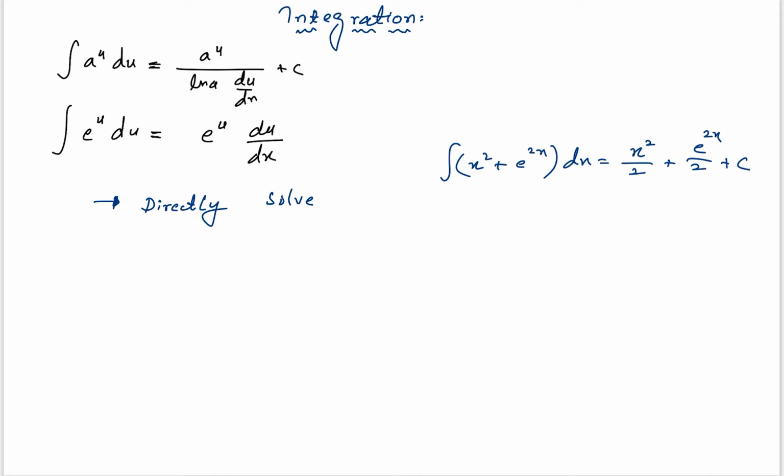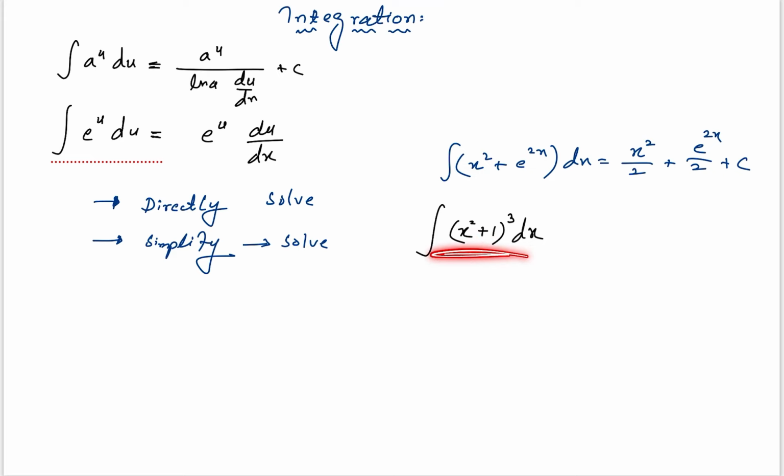The second technique is, if the question is not solvable directly, then you will try to simplify the question and then solve. Like if I take the question of x square plus 1 whole cube dx, this is a function having power on it. As this is not solvable directly, first we will expand it.